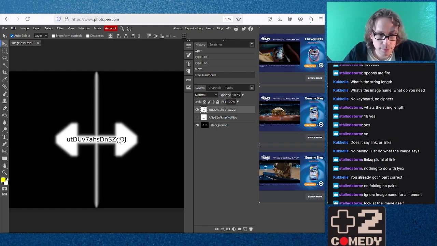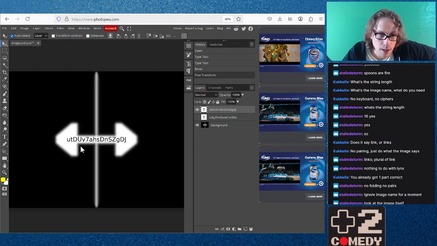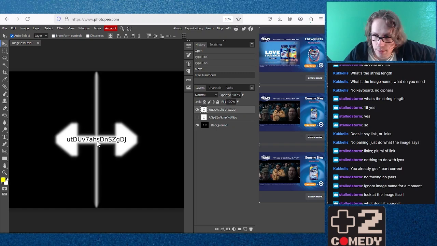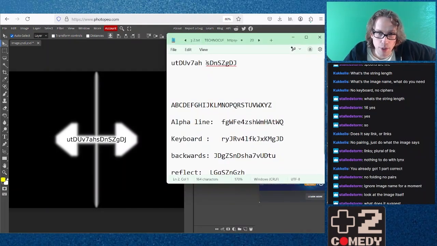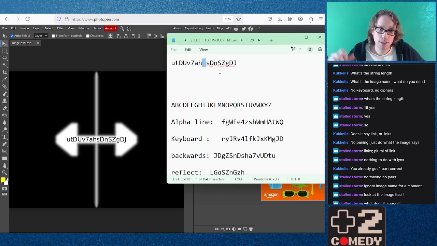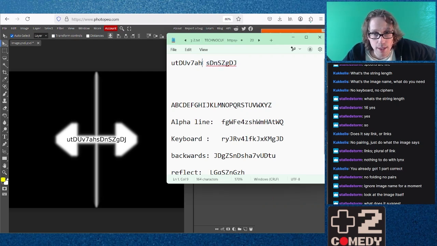Gotcha. It does suggest the pulling apart thing here. Like this line, I keep thinking mirror. That's why I keep saying fold. But these two look like arrows that are split apart. So you could take it as this is read this way, and then this should be read this way.